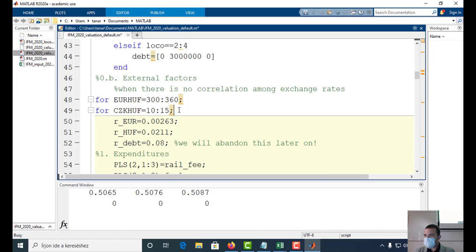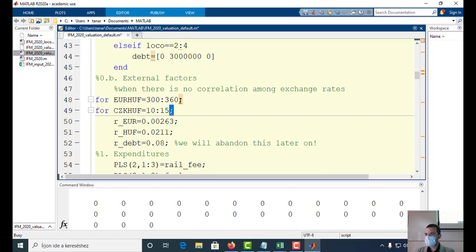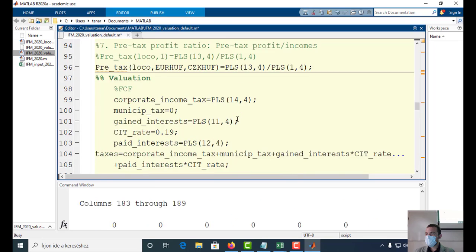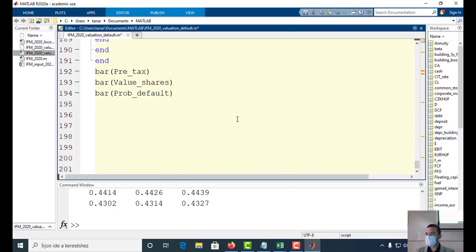Oh my god, actually it doesn't matter if it's here, it just looks ugly. Yeah, they finished.